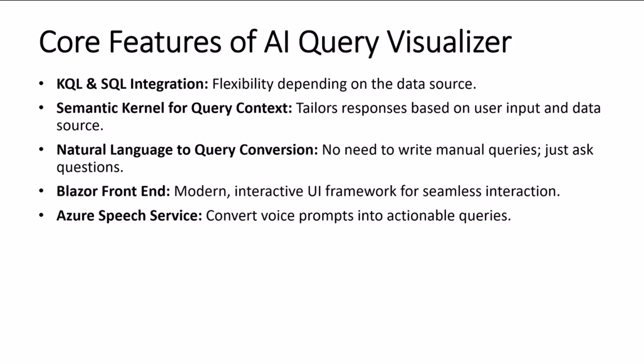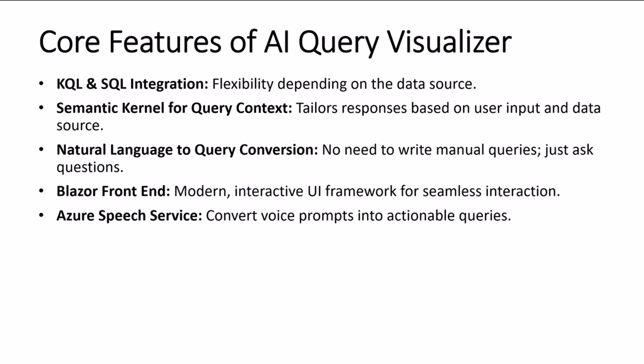So here's the whole core feature that we're going to look at, right? KQL and SQL integration, with flexibility depending on the data source. We're going to use Semantic Kernel to do all these transformations from natural language to the query. We take the user input, pass it to Semantic Kernel, and it translates it to KQL or SQL based on which provider we load.